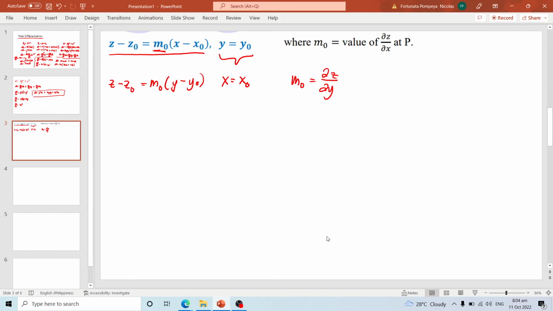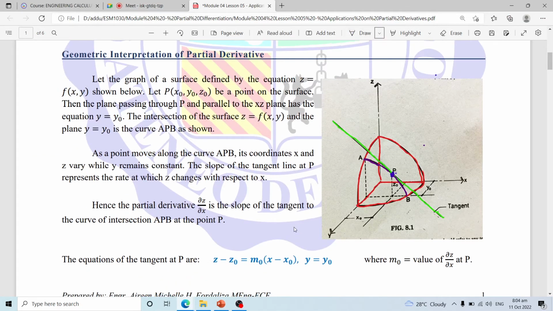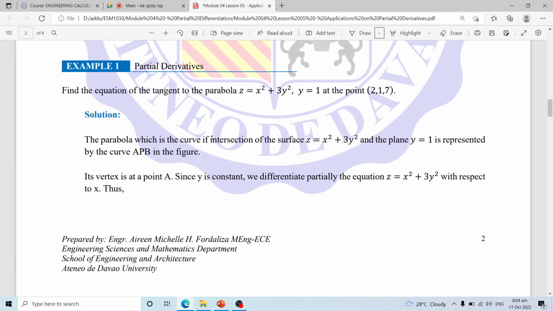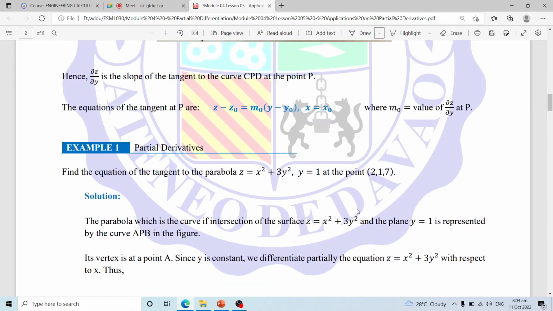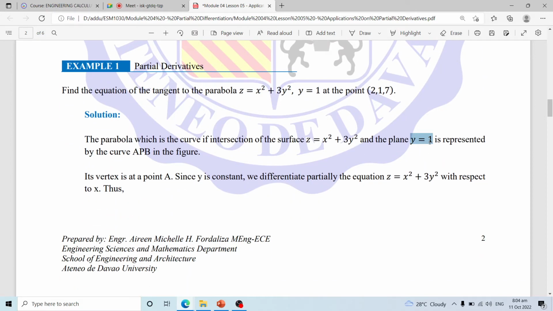Question? Ma'am, how do we know that y is the constant? You'll see it later in the problems. It's actually going to be given, the plane, y is equal to 1.